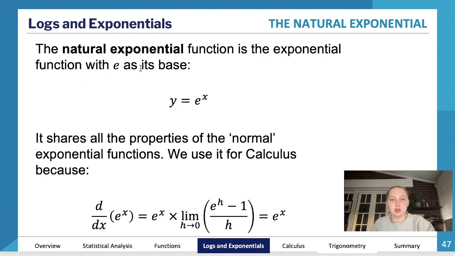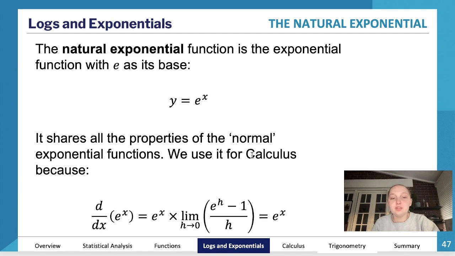So then we've got the natural exponential function, which is the exponential function with e as its base. So you've got y equals e^x, and that's the natural exponential. With the natural exponential, it shares all the properties of a normal exponential function.